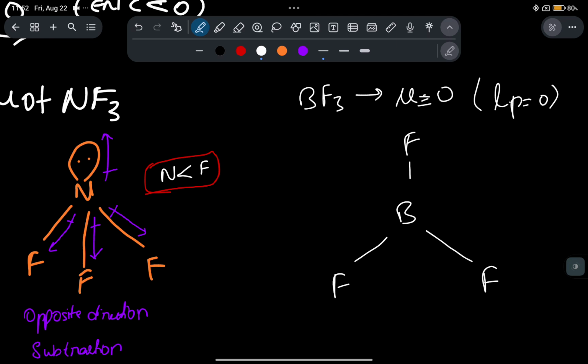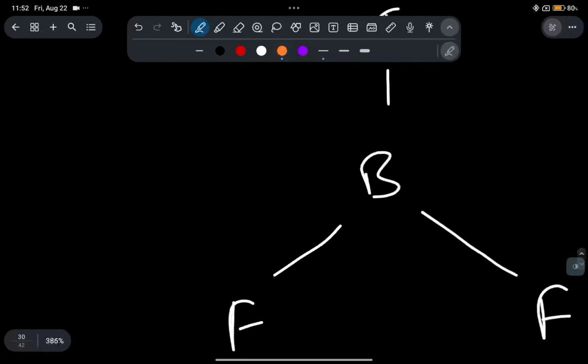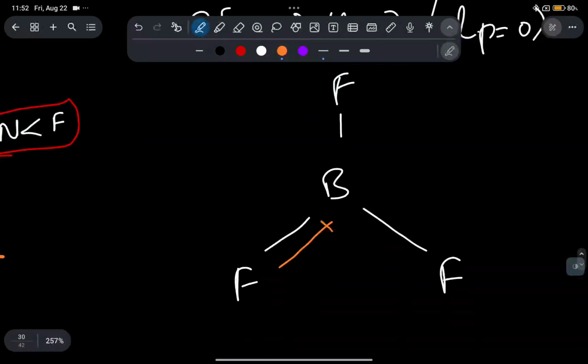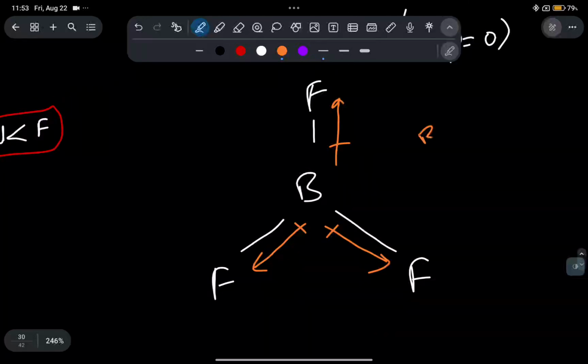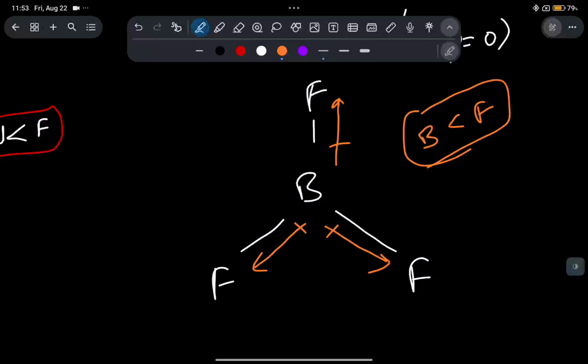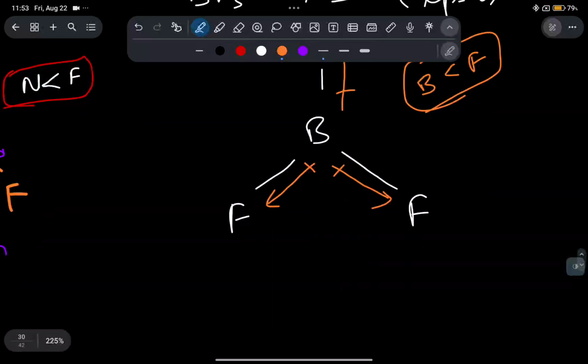If you see here less electronegativity, before that one, same direction cancel. So three directions, boron has less electronegativity than fluorine, so the direction will be opposite here. So total mu is equal to 0.